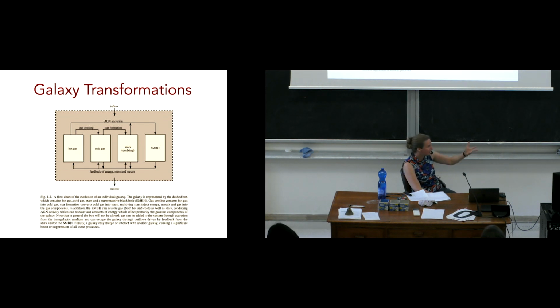And at that point, then the evolving stars output energy, mass, and metals into the interstellar medium, which then, of course, also change the cooling function. So at that point, cooling becomes more efficient. We get more cold gas, and various additional feedback channels become more important.